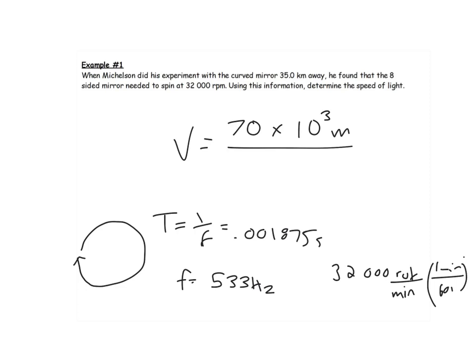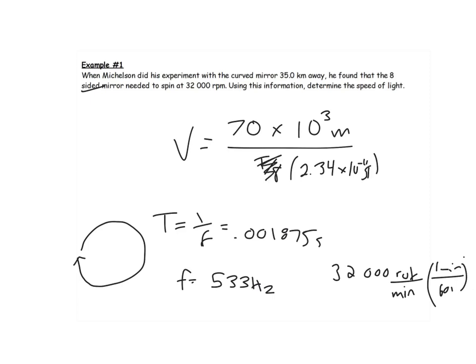And for this experiment to work with an 8-sided mirror, it's rotated 1/8 of a rotation. So the actual time for the light to go there and back is 1/8 of the period. So I take my period and I divide by 8, and I get 2.34 times 10 to the negative 4 seconds.